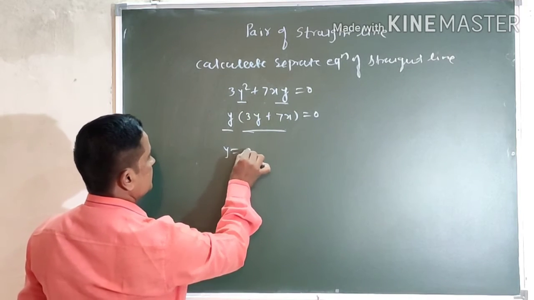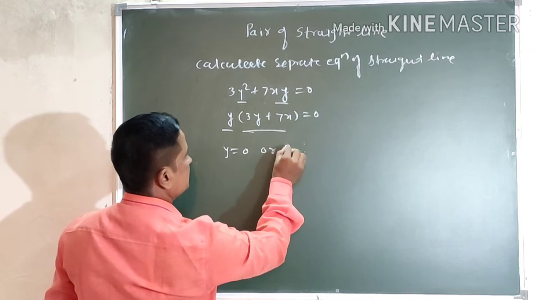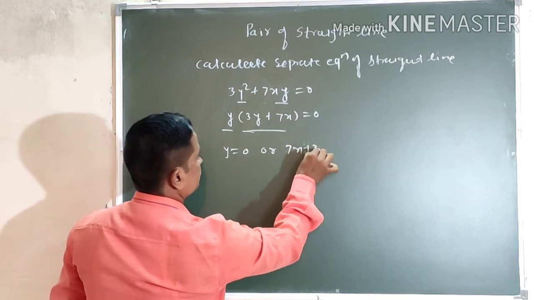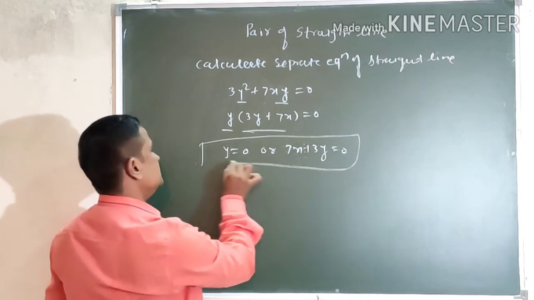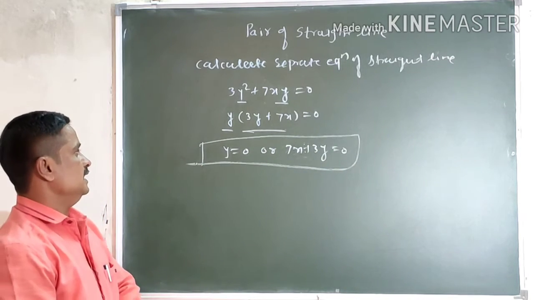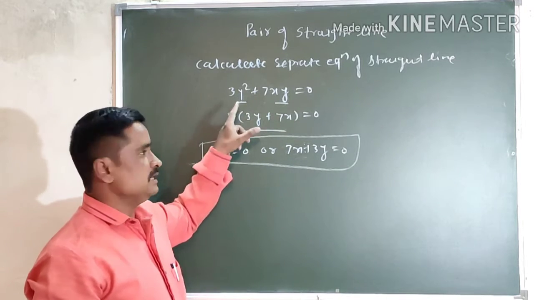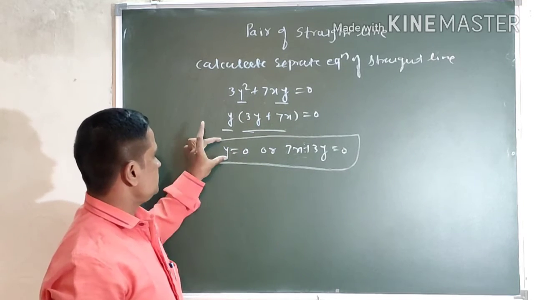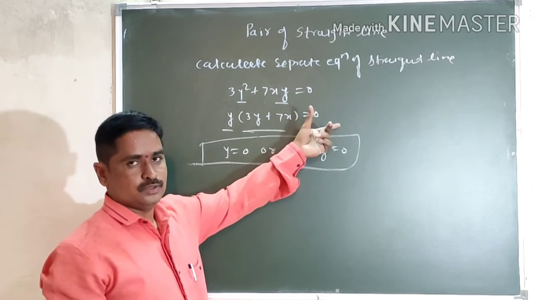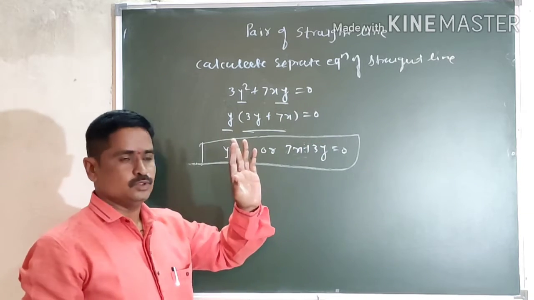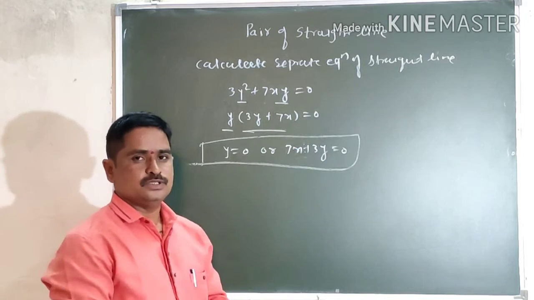So y equals 0 or 7x plus 3y equals 0. These are the separate equations of the lines of 3y square plus 7xy equals 0. The multiplication of these two terms equals 0, that means one of them should be 0. That means y equals 0 or 3y plus 7x equals 0.